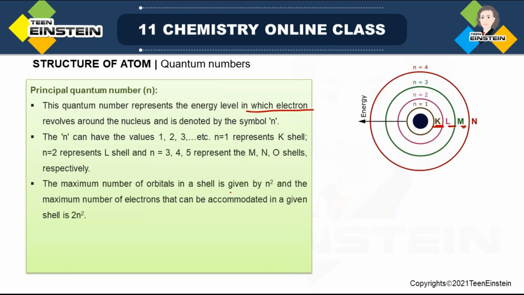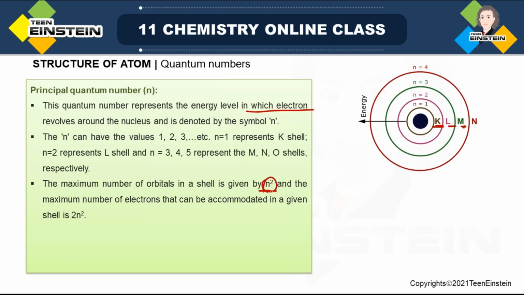The maximum number of orbitals in a shell is n square. When it is the first energy level, 1 square, that means only one orbital is possible. When n is 2, 2 square, that means 4 orbitals are possible. So this is the number of orbitals that you get by applying n square.